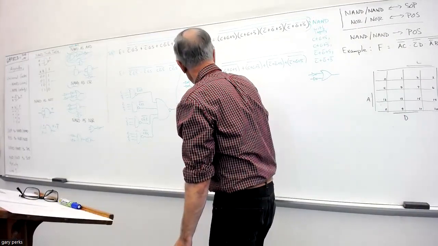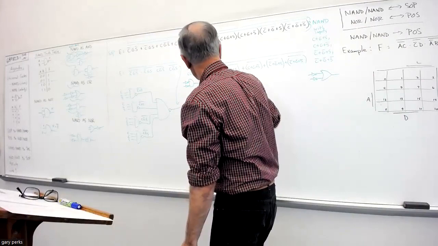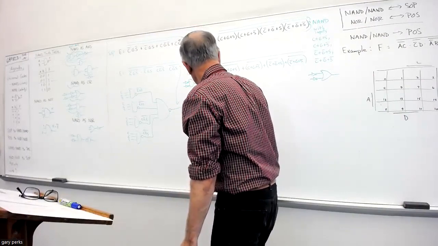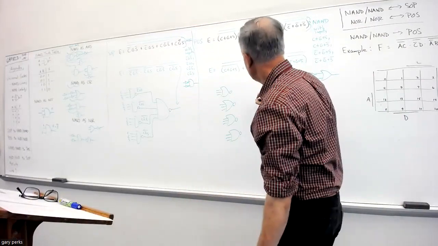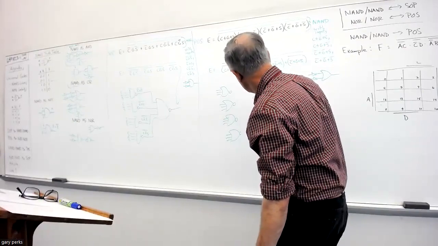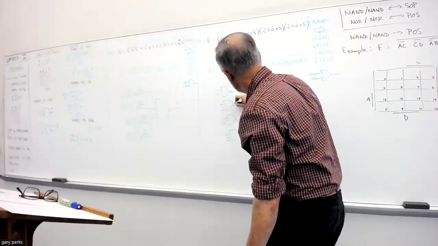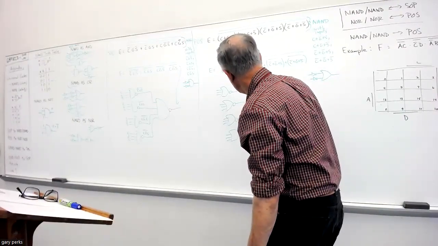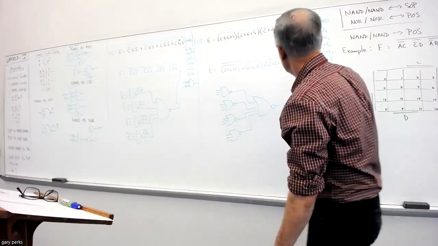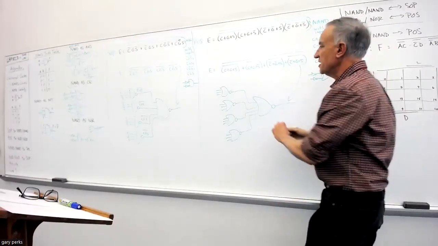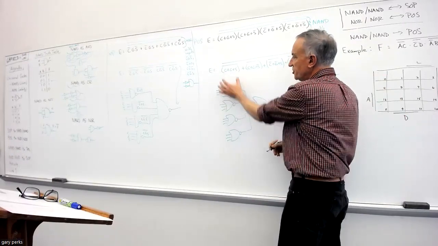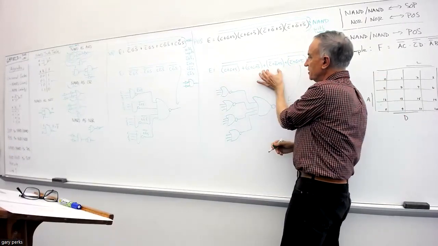They have 3 inputs, right? And then the outputs of these NORs would go to one big NOR here. And at the output is where you would have this equation. At the output of each of these NORs, you'd have this separate term here.